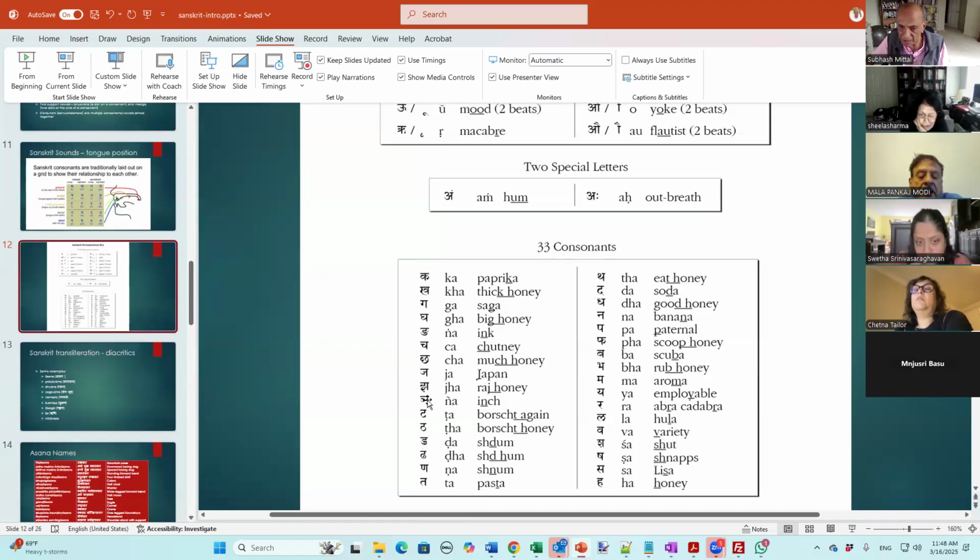It's the da, and then you put a dot here, then it becomes nga. Okay, so the differentiation is just the dot, on the top side. But when you actually write it, the dot comes on top of the letter. Anuswara comes on top of the letter when you actually write any word which has these sounds.